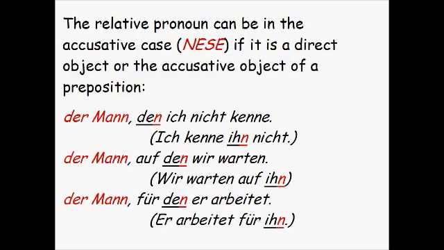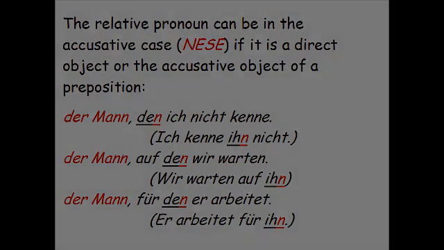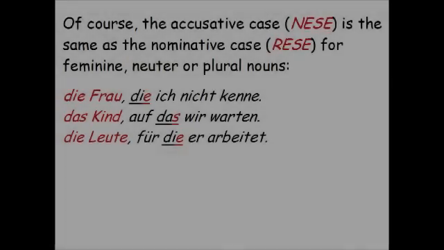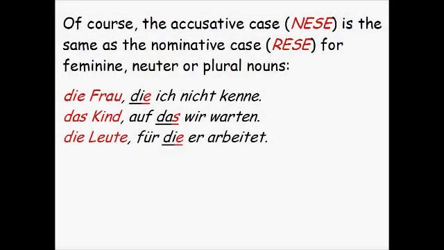Er arbeitet für ihn. Of course, the accusative case is the same as the nominative case for feminine, neuter, or plural nouns. Die Frau, die ich nicht kenne, das Kind, auf das wir warten, die Leute, für die er arbeitet.